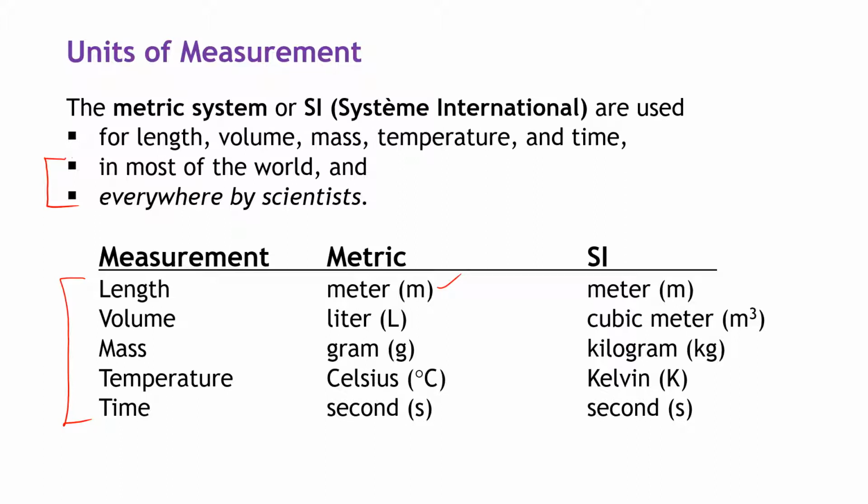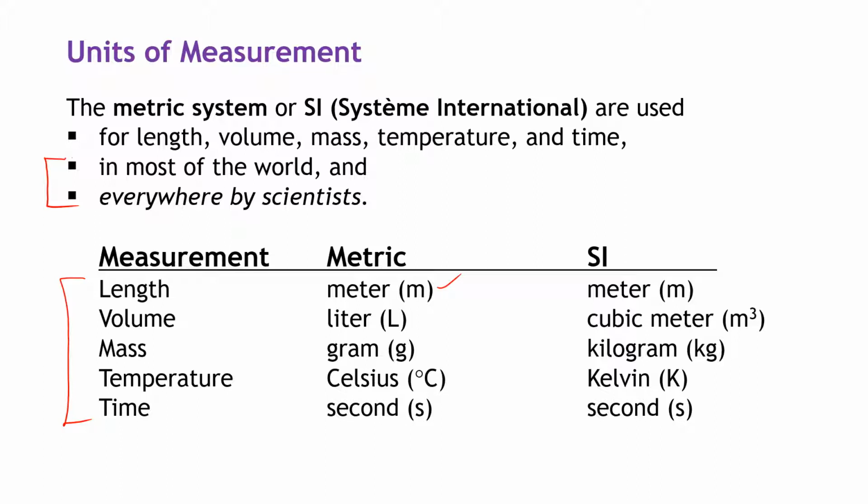So in fact, the meter is the distance traveled by light in a vacuum in 1/299,792,458 seconds. If we were to delve into these other units a little bit, we would see that there is also a very accurate way of determining what, for example, is a kilogram.